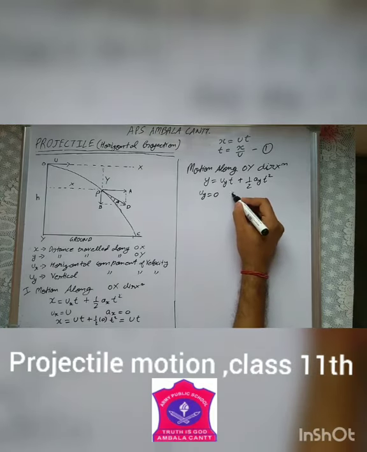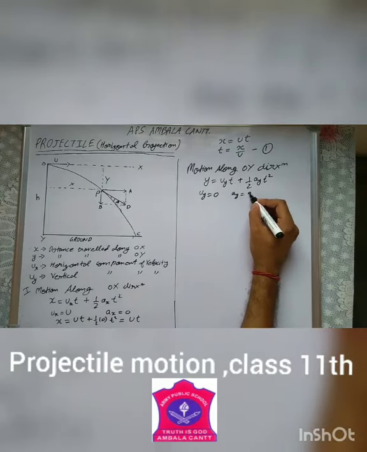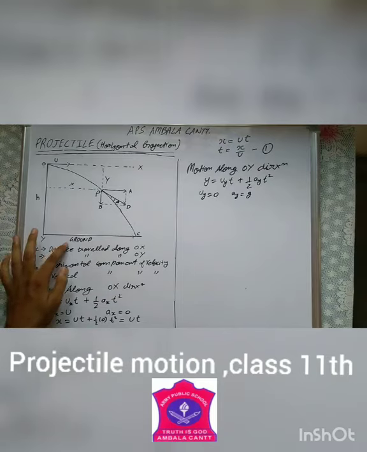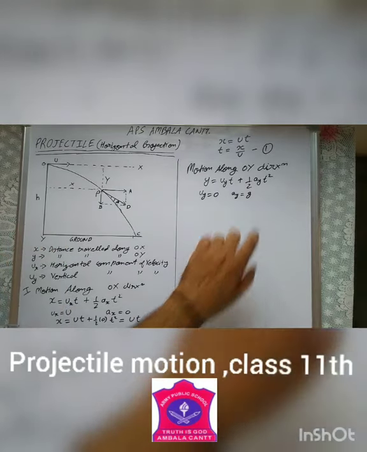And ay is equal to g, where g is the acceleration due to gravity. The initial velocity given to the object along Oy is 0, but the object will feel a gravitational pull from the ground, and the acceleration felt due to this pull is g.